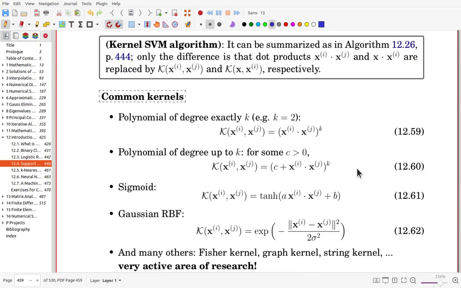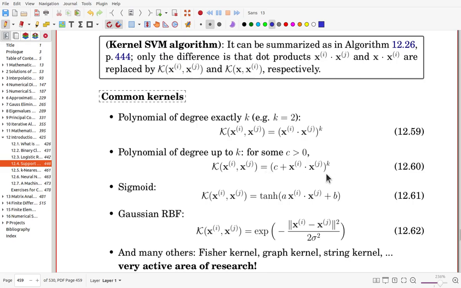Here we have common kernels, and there is a polynomial of degree exactly k. For example, when k is 2, it is xi dot xj, squared, and many other k can be chosen. But if you choose a higher k, it doesn't really work effectively, so a good choice is around 2. Also, you can make a polynomial of degree up to k by adding a constant.